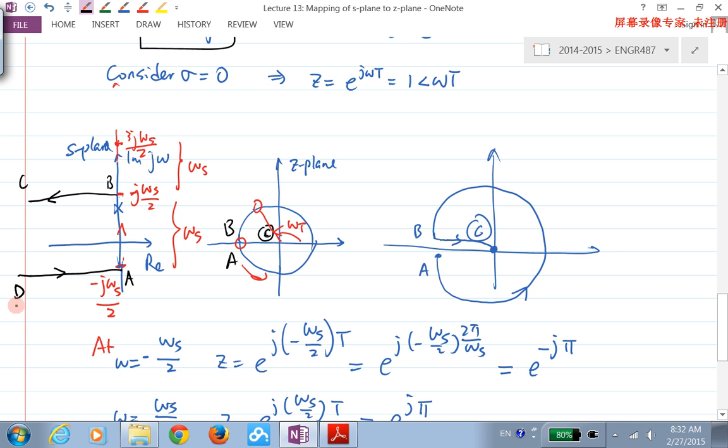After the mapping, the theta for C is whatever omega t is. But if I draw this from here, it's actually going to be pi. The D is actually the same as A, negative pi. So the D location should still be at the origin, but it's the bottom here.